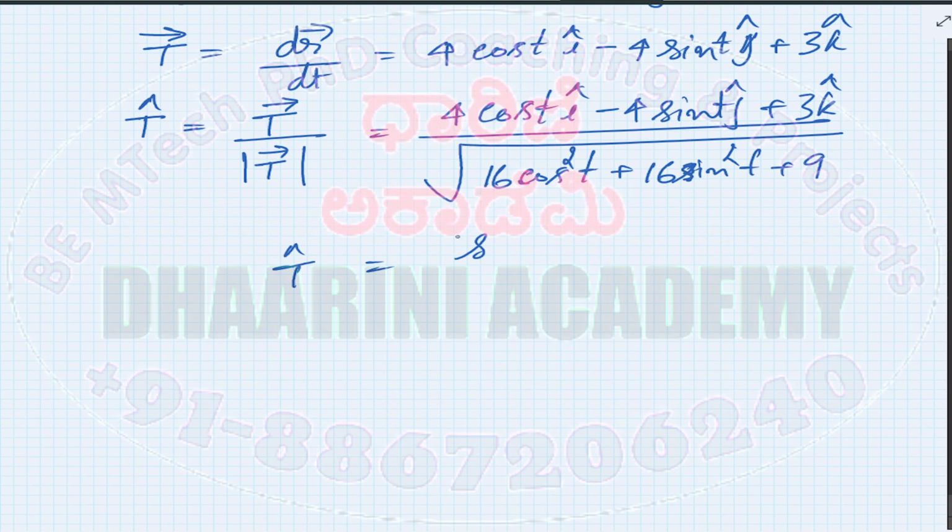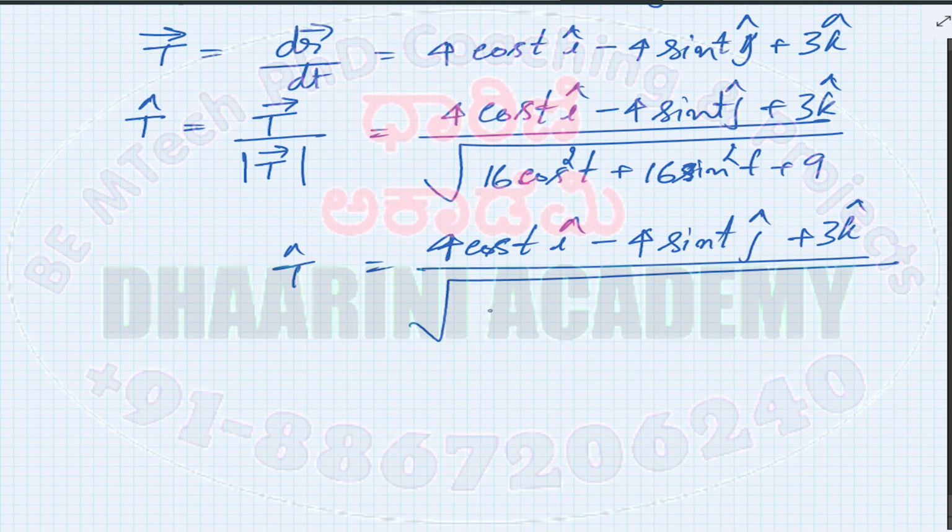Let me write the numerator as it is: 4 cos t i cap minus 4 sin t j cap plus 3 into k cap divided by under square root. This is 16, I'll take it out. What you get is cos square t plus sin square t, plus 9.